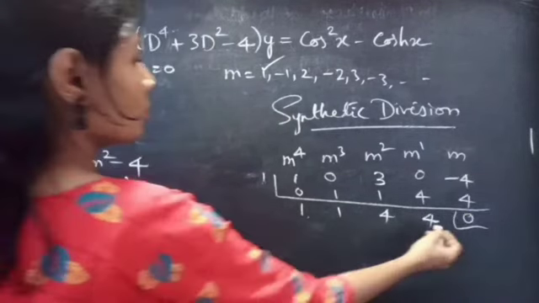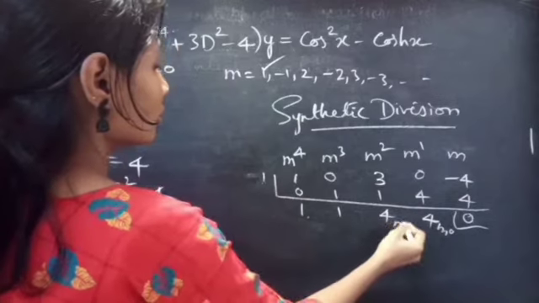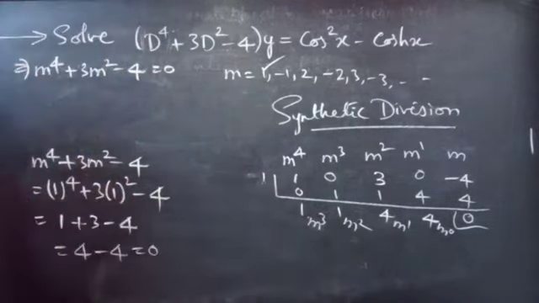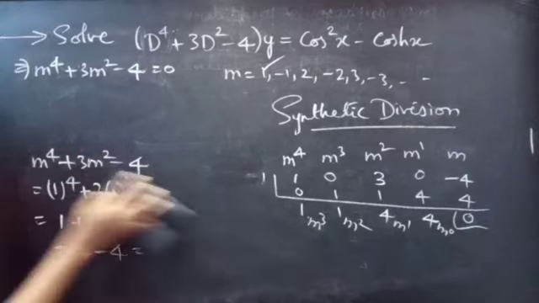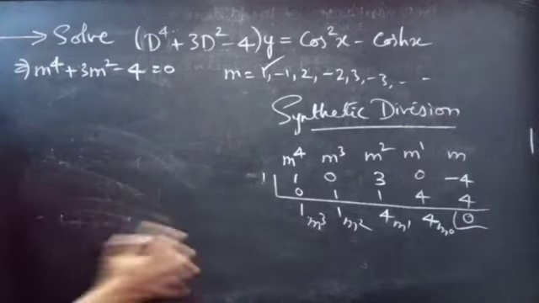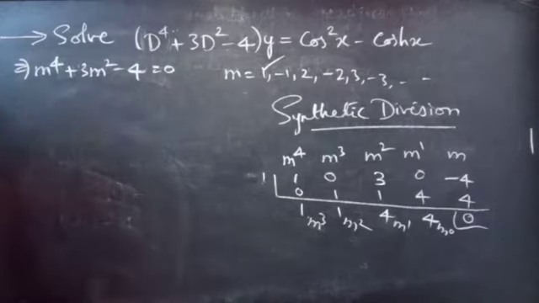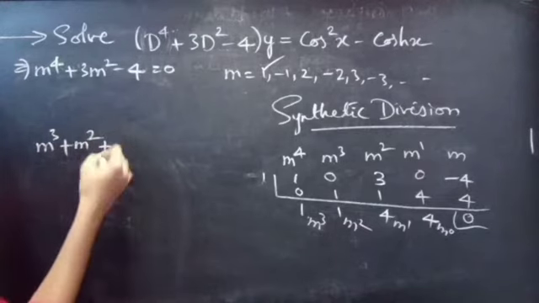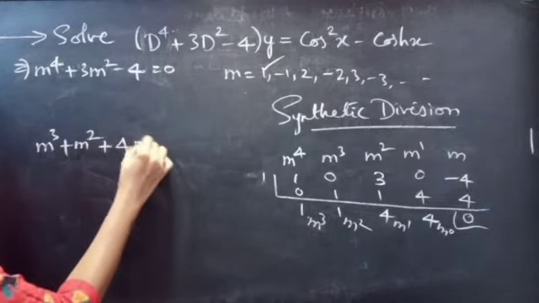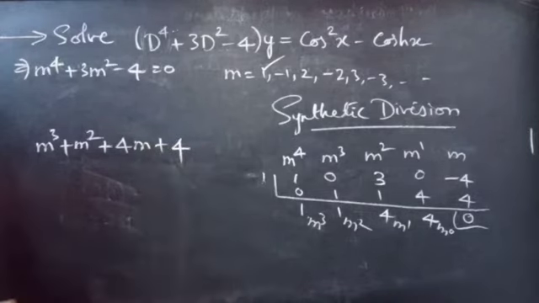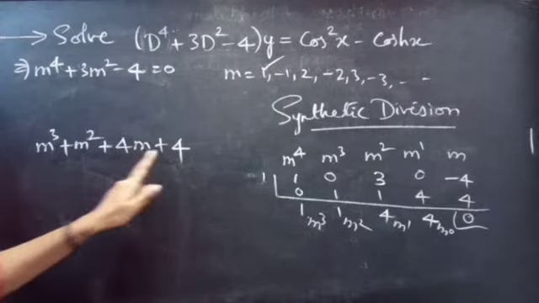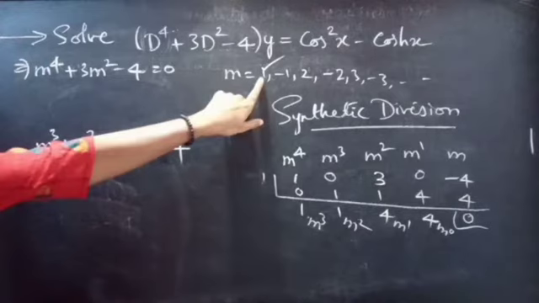Again, from this, we'll get another polynomial, m^3 + m^2 + 4m + 4. Now let's see which m satisfies the polynomial. Here we are having all plus signs, so 1 is not possible.